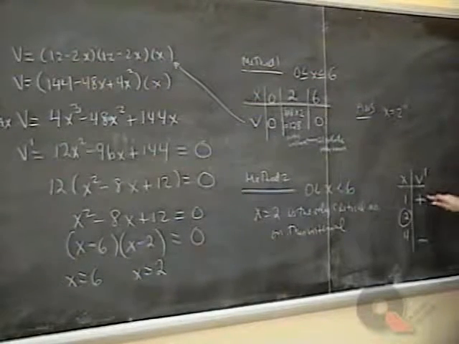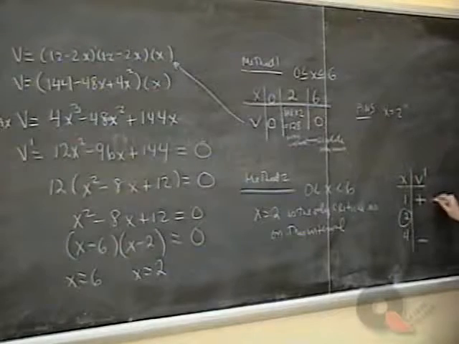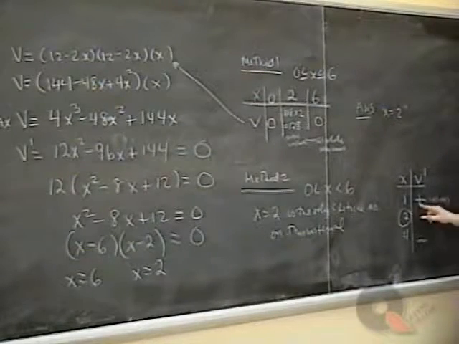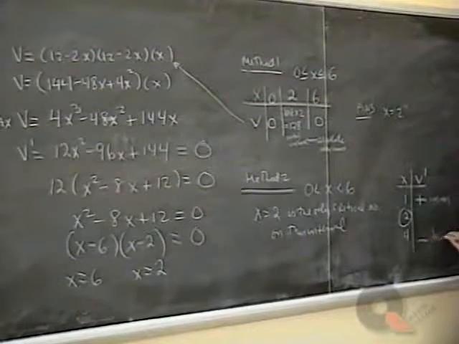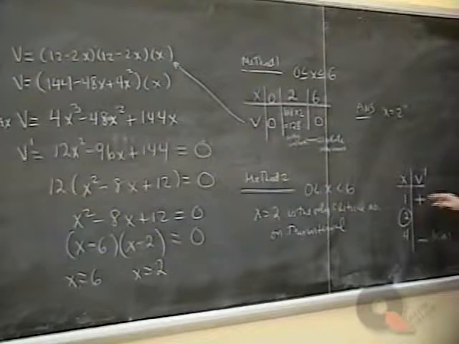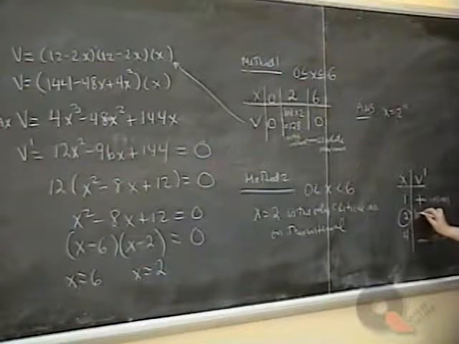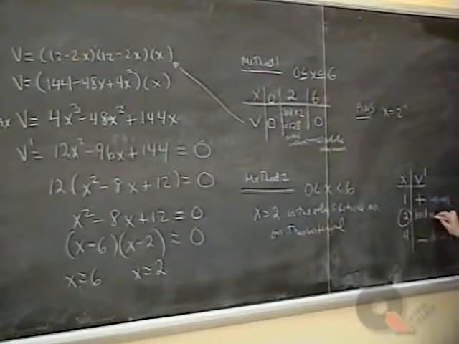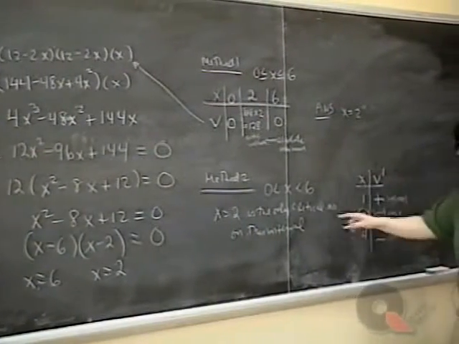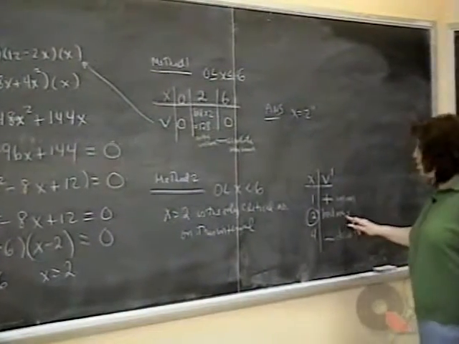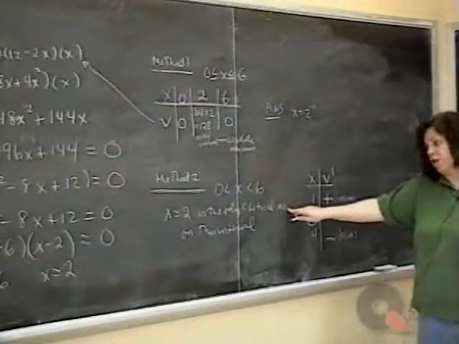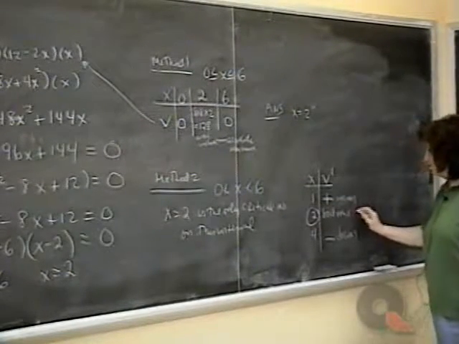The first derivative is positive, so the function is increasing prior to 2, decreasing afterwards. If it's increasing and then decreasing, this must be the location of a local maximum. So there's a local maximum at x equals 2, but there's only one critical number, so only one turning point.